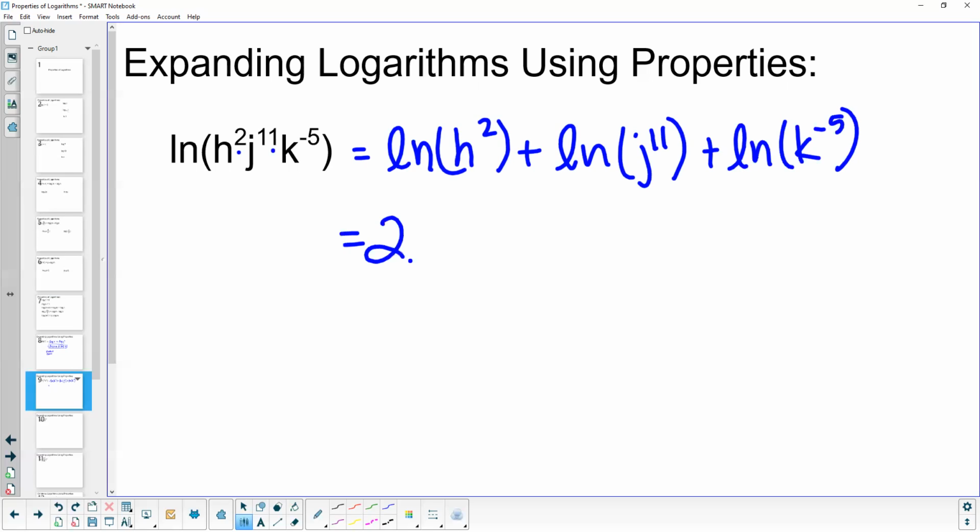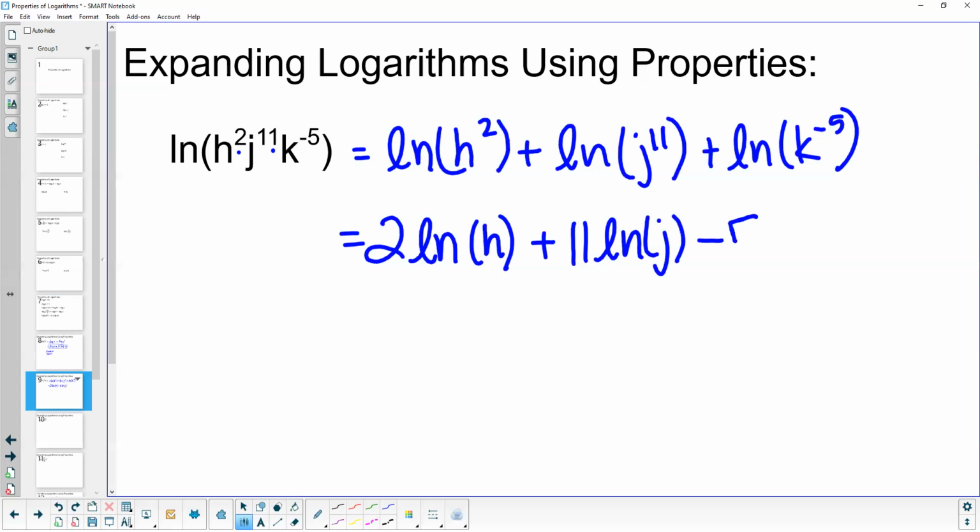So in this case, we actually end up getting 2 times the natural log of h plus 11 times the natural log of j minus 5 times the natural log of k. Now the interesting thing here is if I were to go to condense it, typically rather than writing our exponent as a -5, we would condense that and actually turn that into a quotient as well. So it's interesting how those kind of play a role there.